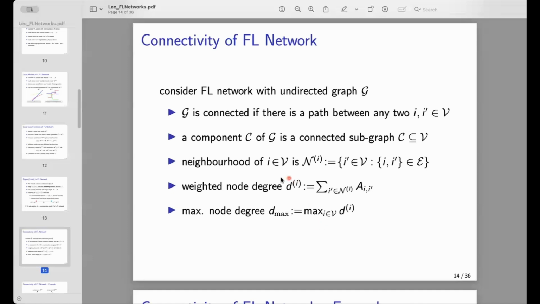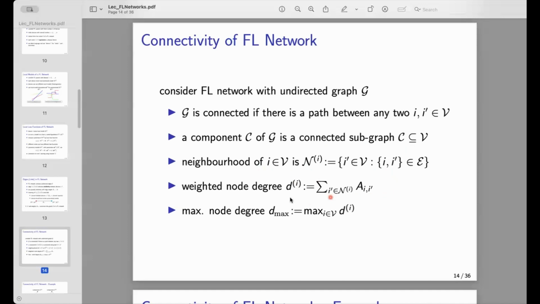The neighborhood of a node is defined as all the other nodes that are connected by an edge to this node. What is important here is to remember that the neighborhood doesn't include the node itself. So the neighborhood of node i is a set of other nodes that are connected by an edge with node i.